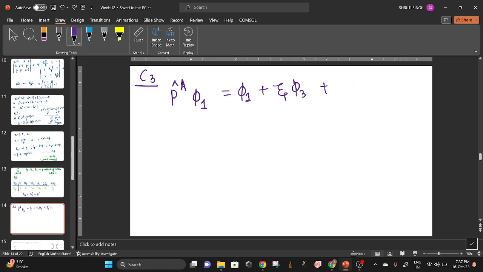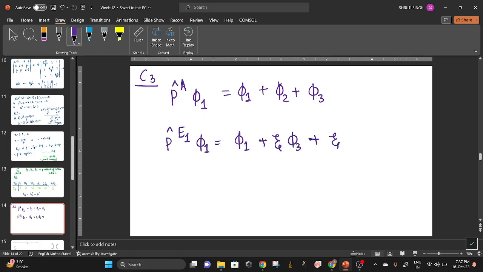For A, it is a totally symmetric representation, we will get phi 1 plus phi 2 plus phi 3. And when we apply this for E, we get phi 1 plus epsilon plus epsilon star. And the other E, when we apply, so this is 1, this is 2.